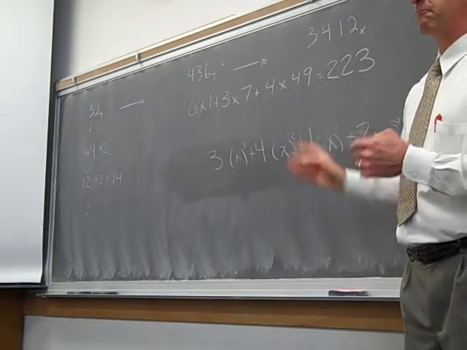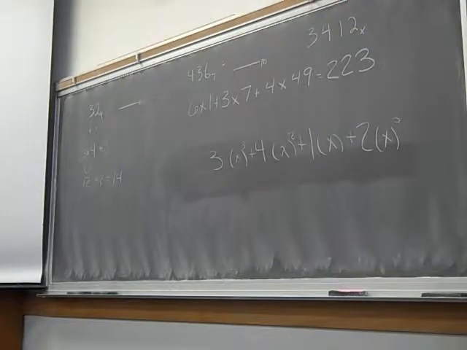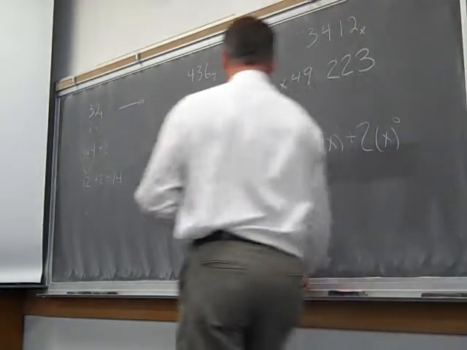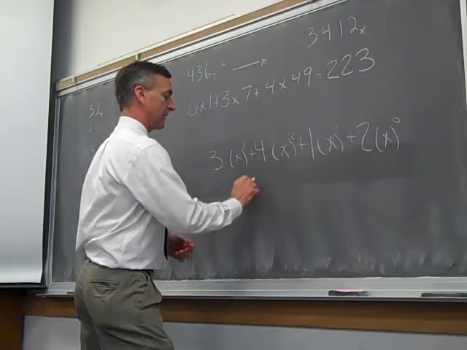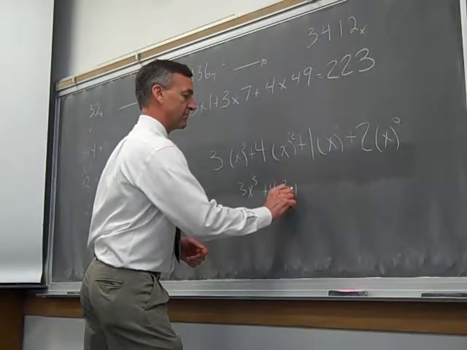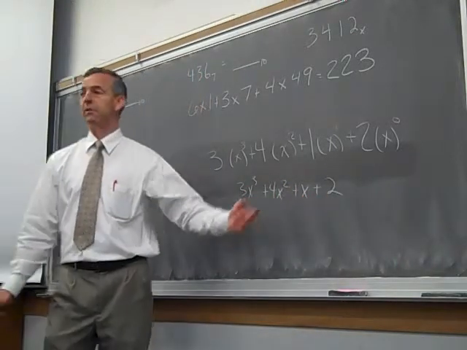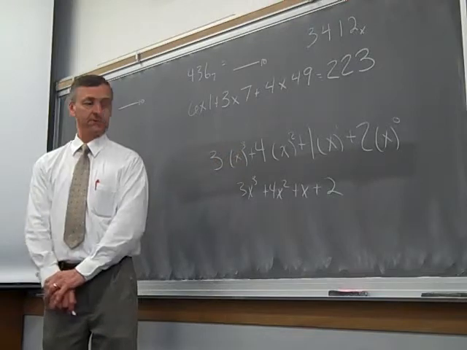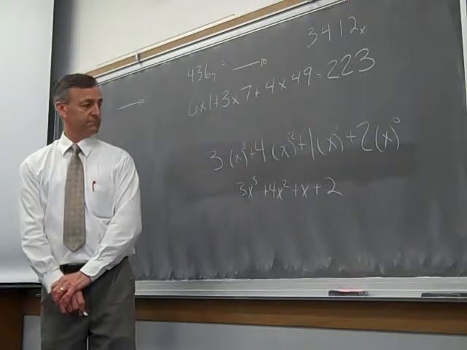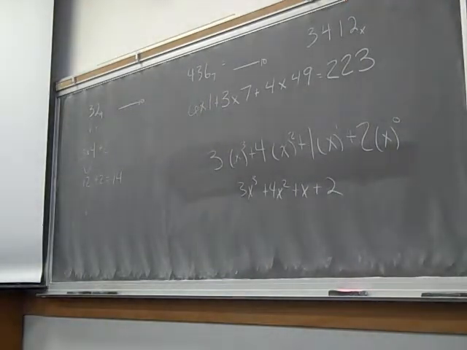Instead of 4. Does that make sense? So this is just like saying 3x cubed plus 4x squared plus x plus 2. Polynomial. That's right? Okay. All right.